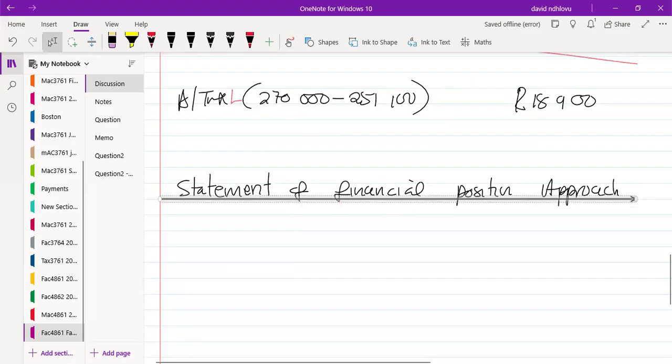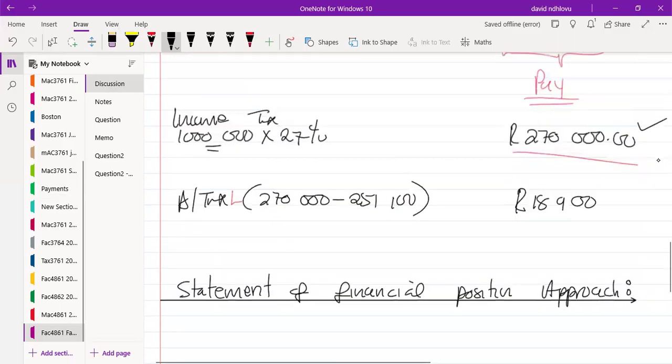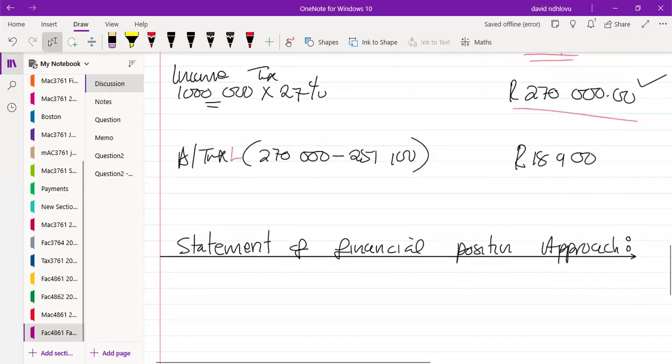Right, so what happens is this. What happens in the P&L will affect us in the statement of financial position. Let me just also show you.